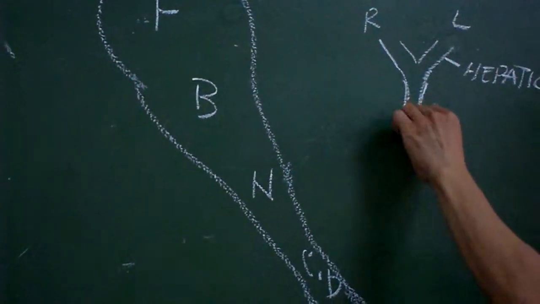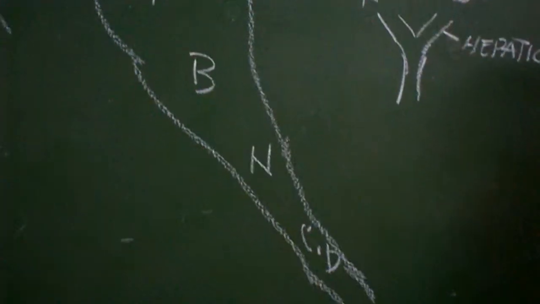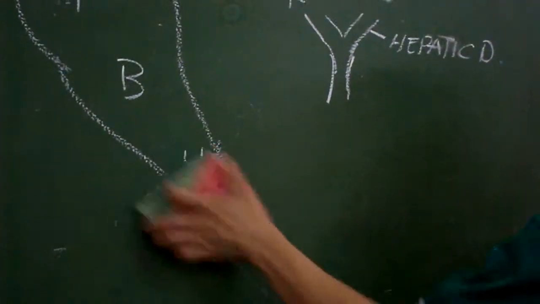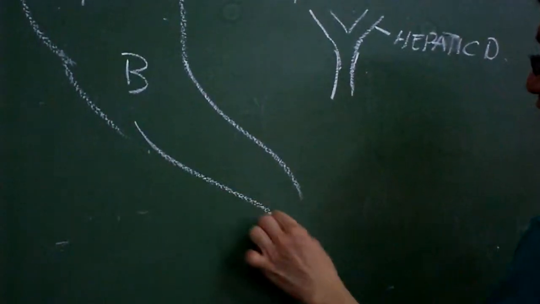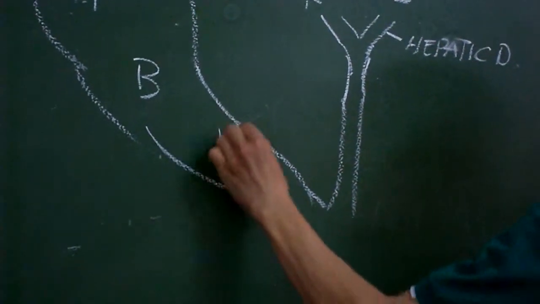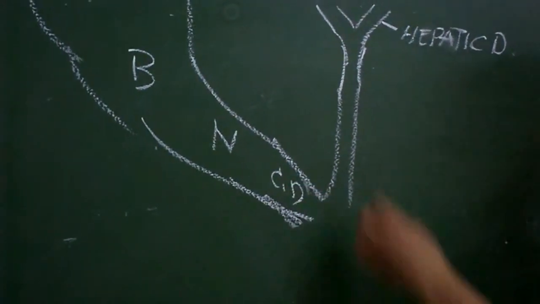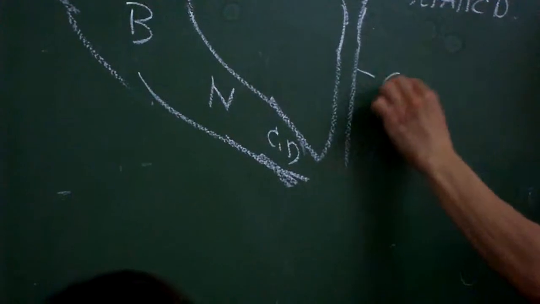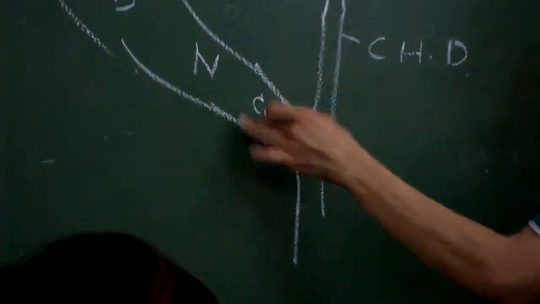Then these two will fuse together to form your common hepatic duct. Once the common hepatic duct and the cystic duct join, they form your bile duct.